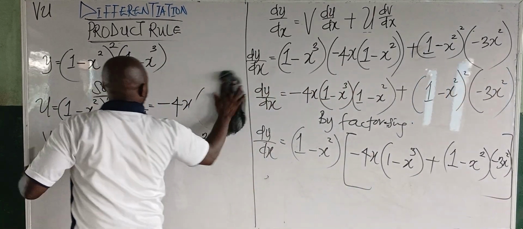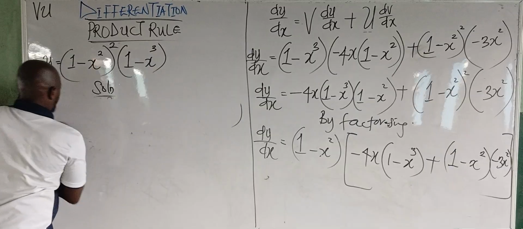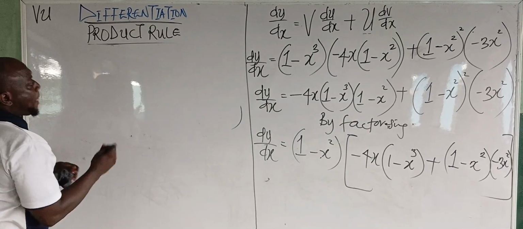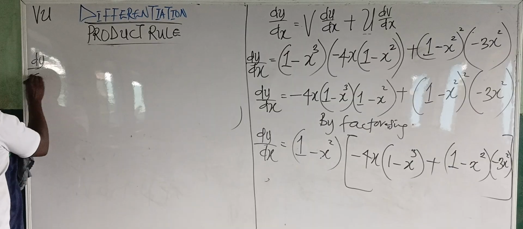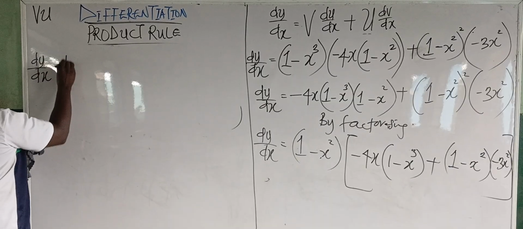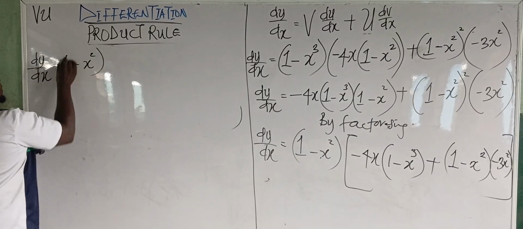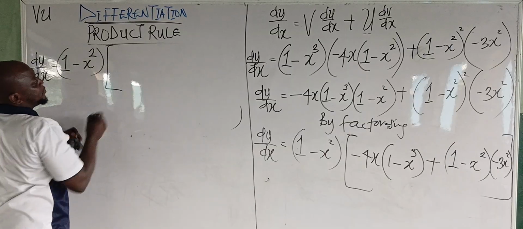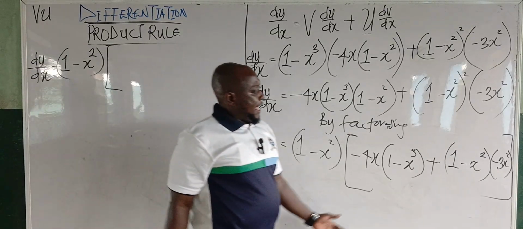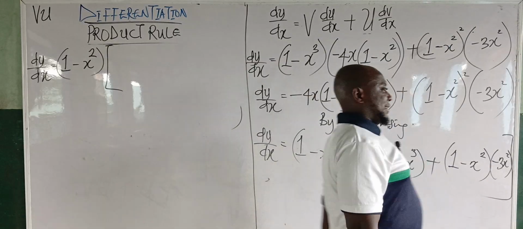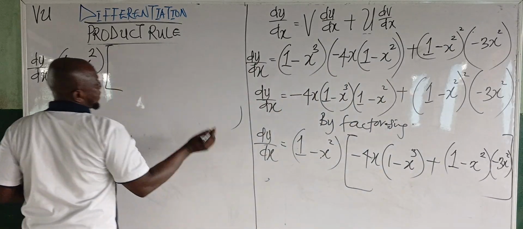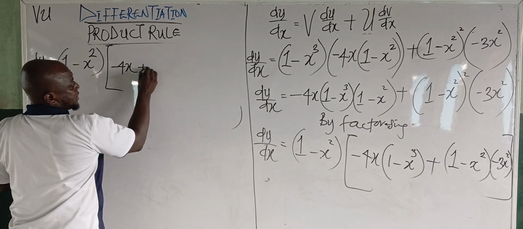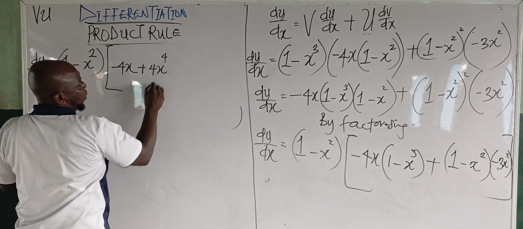Now going further, I know that my dy over dx will give us, bring that value outside, which is x squared here. Then into bracket. I can decide to open this bracket. I'm having minus 4x plus 4x raised to the power of 4.